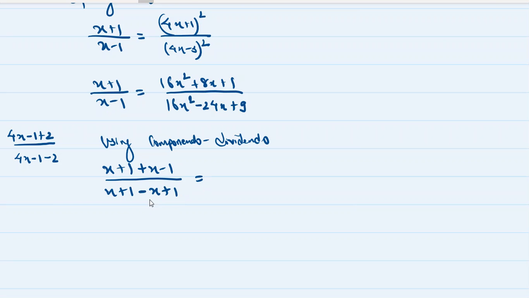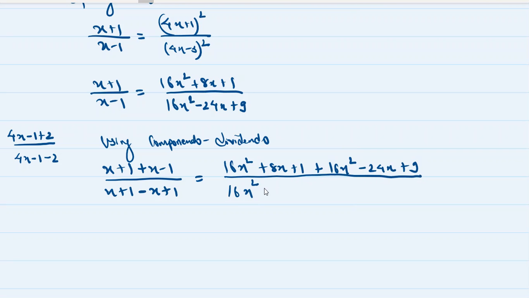Okay, I'm just changing the sign right away. 16x square plus 8x plus 1 plus 16x square minus 24x plus 9, the whole upon 16x square plus 8x plus 1 minus 16x square plus 24x minus 9.